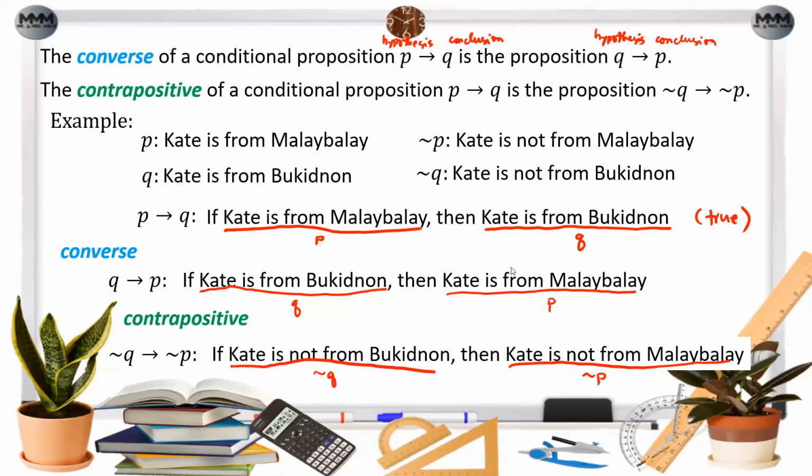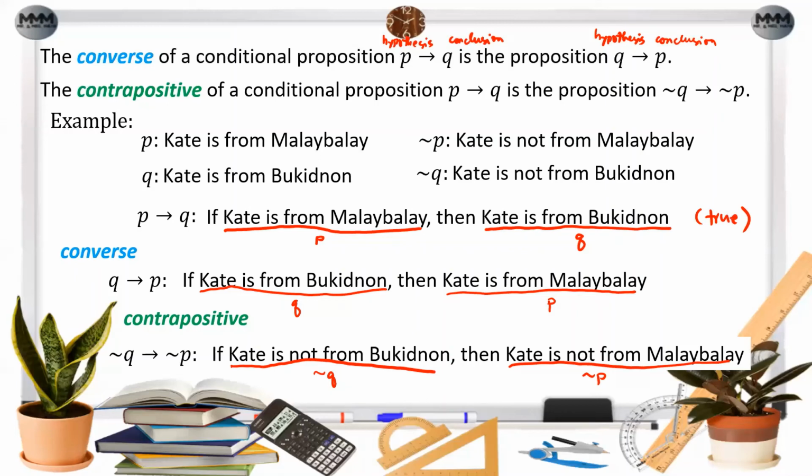Now, take note, Bukidnon is a province. So if Kate is from Bukidnon, then is it always true that Kate is from Malaybalay? Just try to look at the statement there. Here, for Q implies P in the converse, if Kate is from Bukidnon, it doesn't follow that Kate is from Malaybalay. Why? Because if Kate is from Bukidnon, Kate could be from Valencia, which is still in Bukidnon.